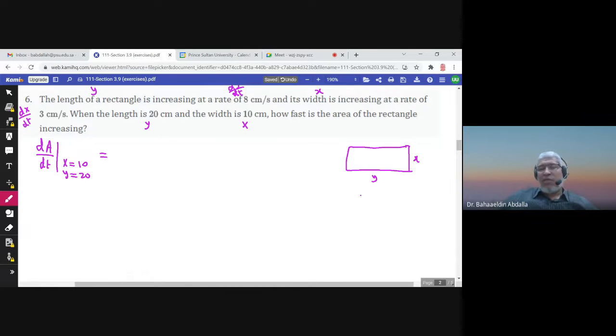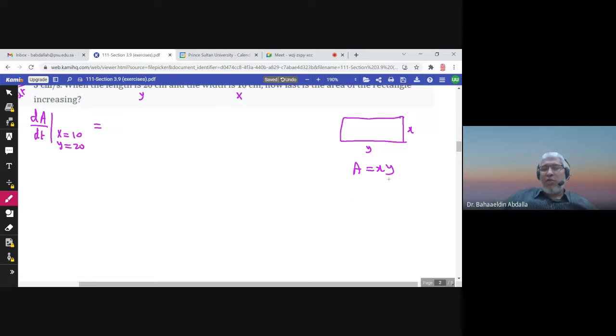What is the definition of the area? It is x times y. So if we find the derivative with respect to t, dA by dt would be the derivative of x times y plus x times the derivative of y.